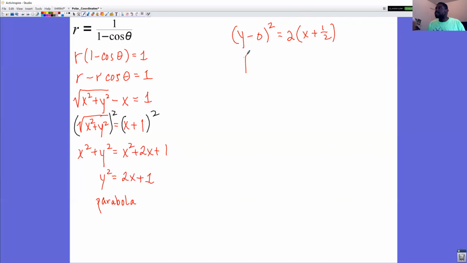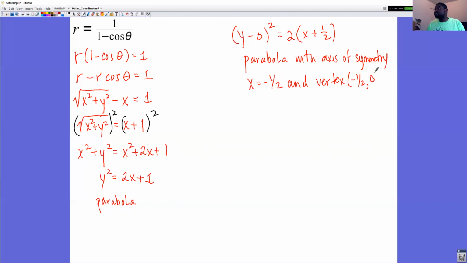This parabola has an axis of symmetry x equals -1/2 and vertex -1/2, 0.